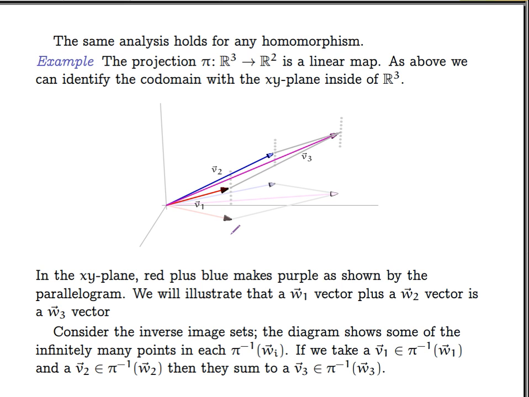Okay, so I think he's going to make this picture more clear. If I have V1, V2, V3, here V1 is in H inverse of W1, V2 is in H inverse of W2, and V3 is in H inverse of W3. And in this case, W1 plus W2 is equal to W3.